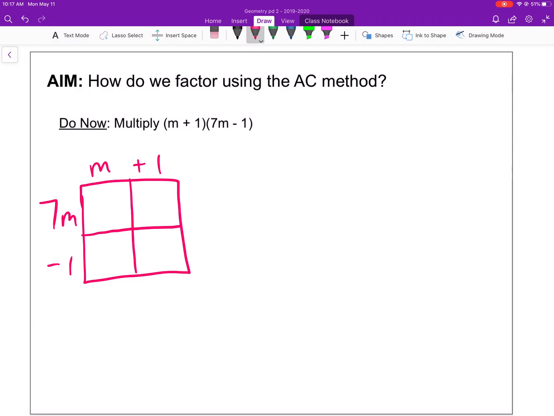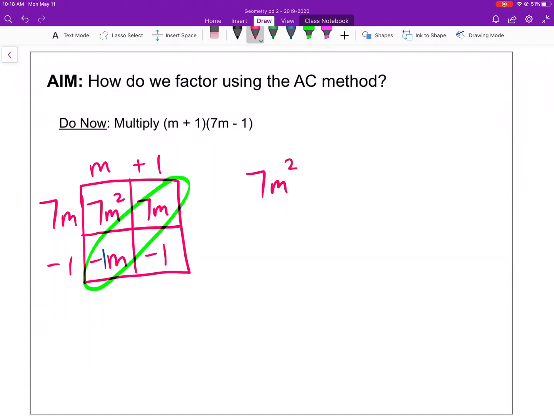M times 7m is 7m squared. M times negative 1 is negative m, which is negative 1m. 1 times 7m is 7m, and 1 times negative 1 is negative 1. Remember, now we have our like terms, the two m values.